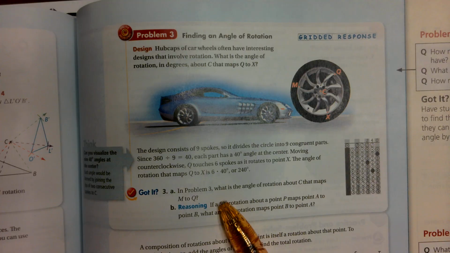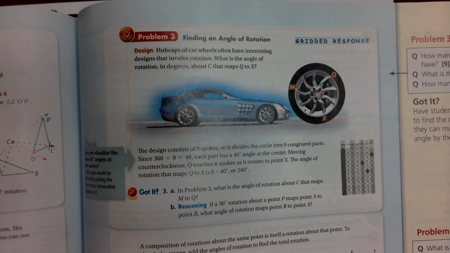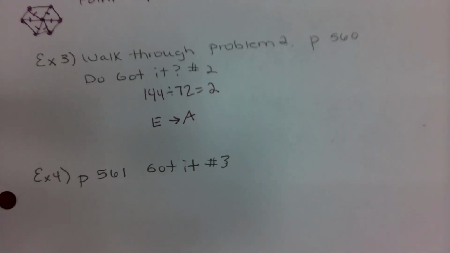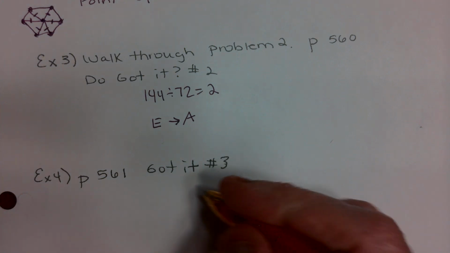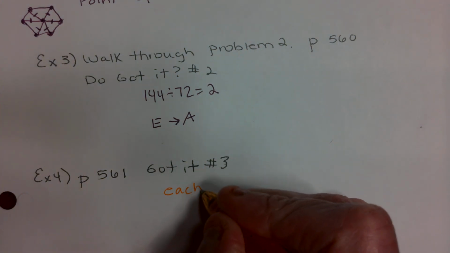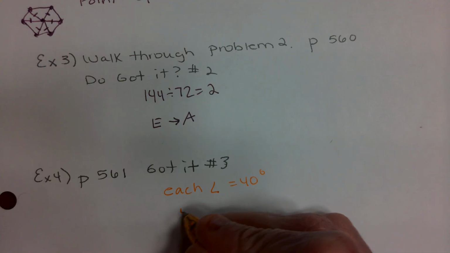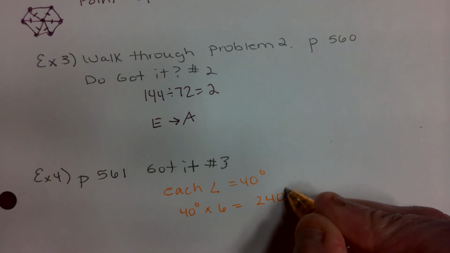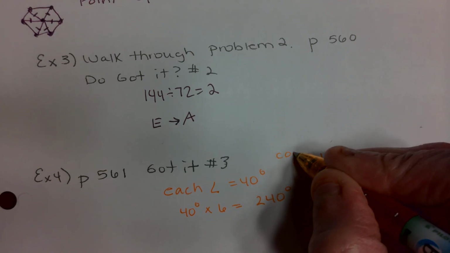So it's actually going to be exactly the same. 6 times 40 is 240. So each angle is 40 degrees, so 40 degrees times 6 is 240 degrees. We go clockwise. I mean counterclockwise.